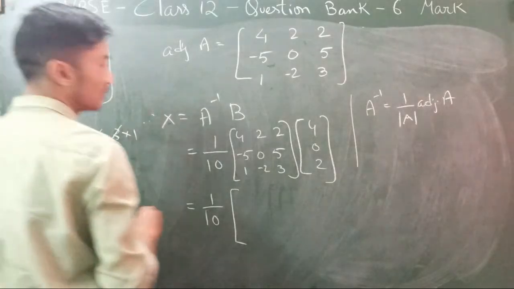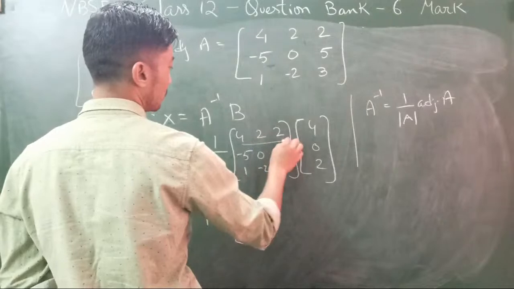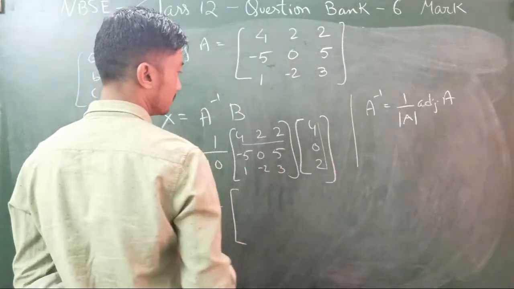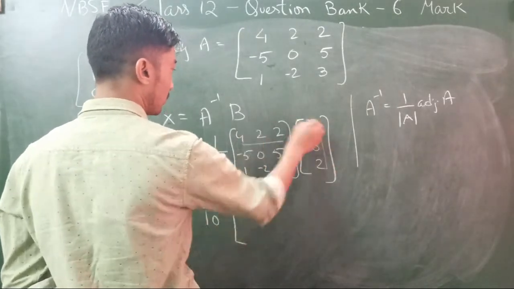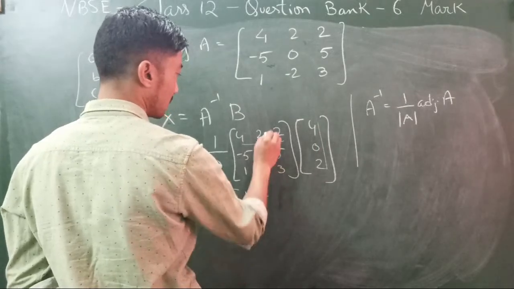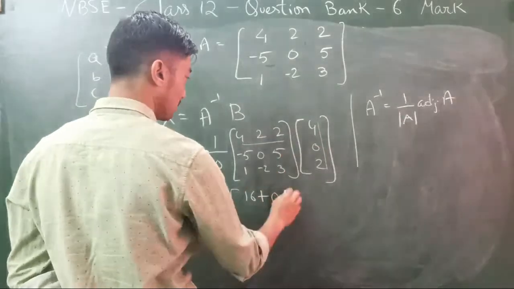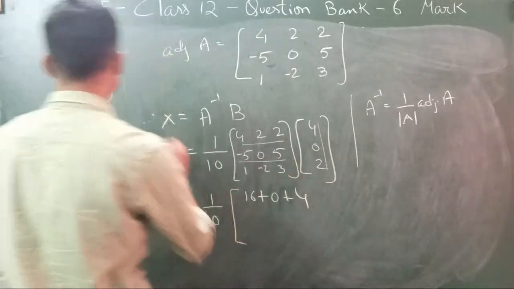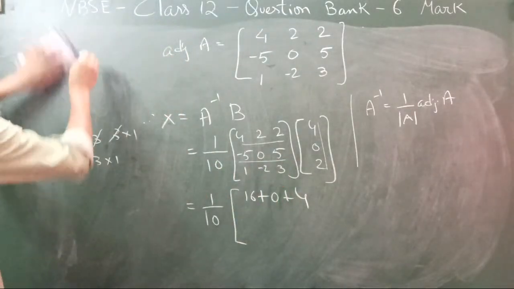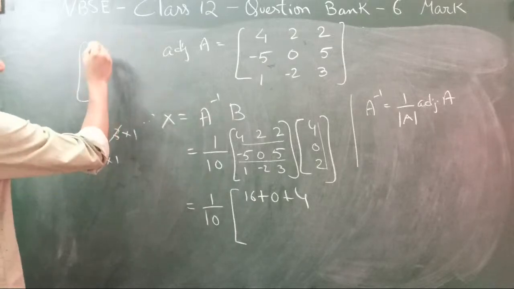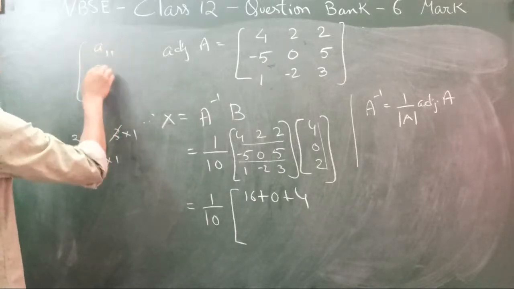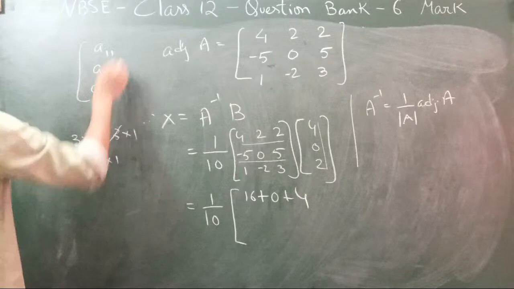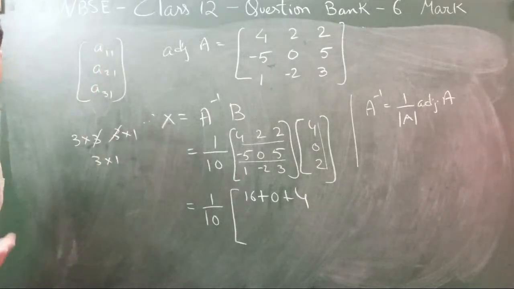Accordingly, let's do this row into this column. 4 4s are 16 plus 2 zeros are 0 plus 2 2s are 4. Next, of course, multiplication; you can check out the other videos for that.